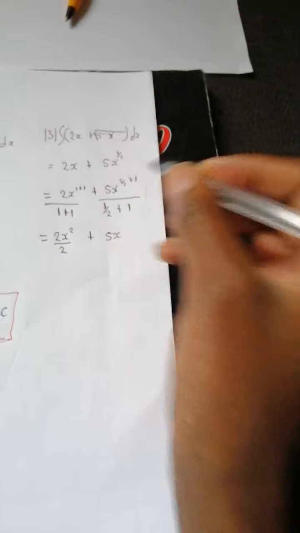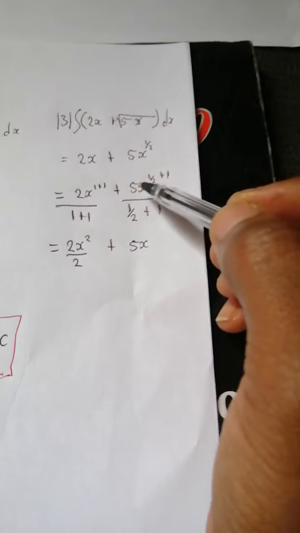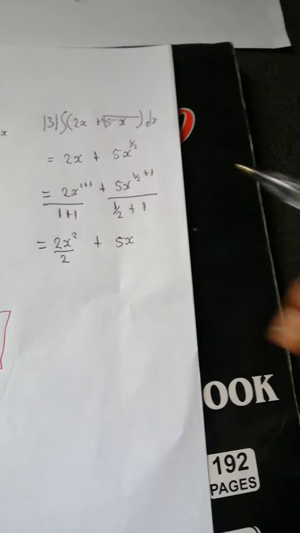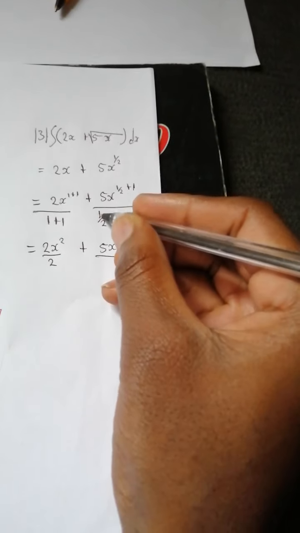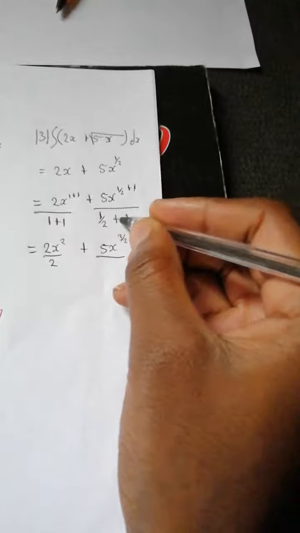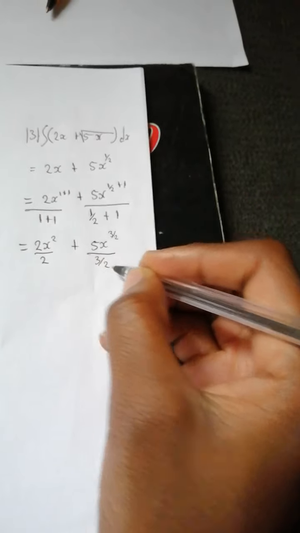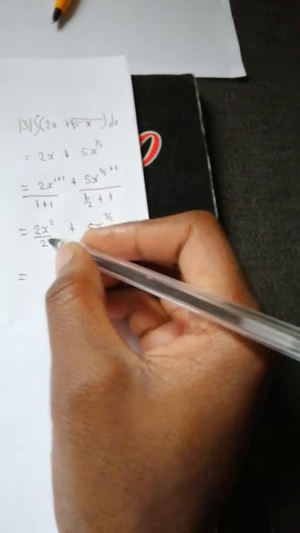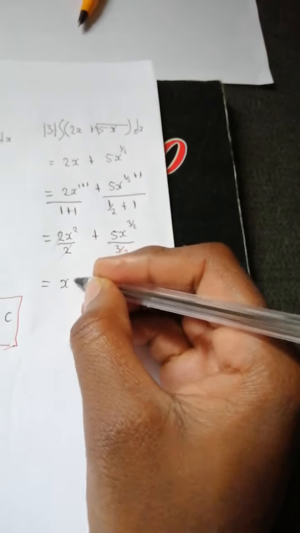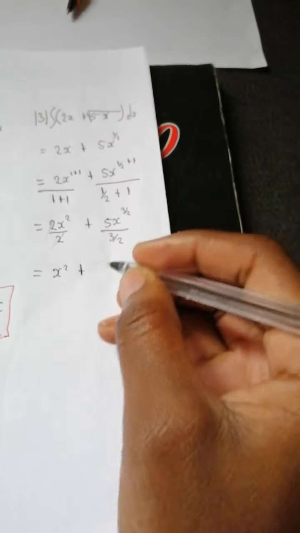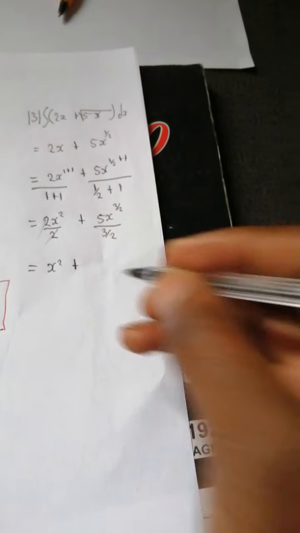Here, 1 over 2 plus 1 is going to be 3 over 2. Even on the bottom, it is going to be 3 over 2. You can see that these two and these two cancel each other, leaving behind x squared plus. Instead of writing 3 over 2 on the bottom, we are going to reciprocate it.